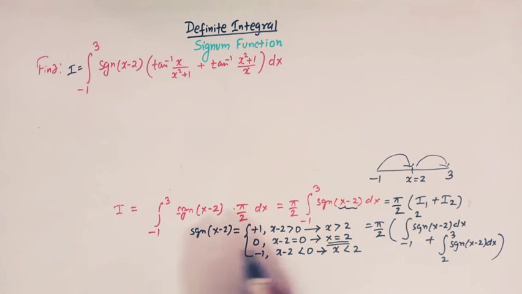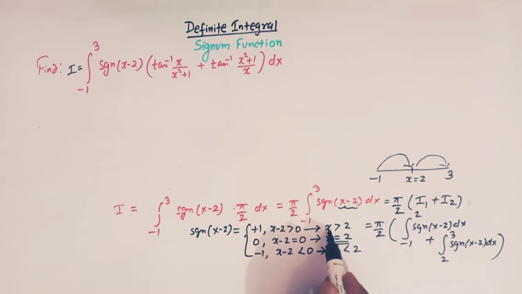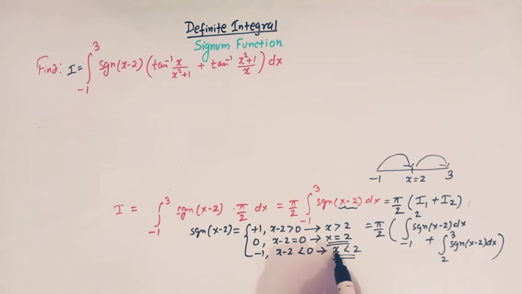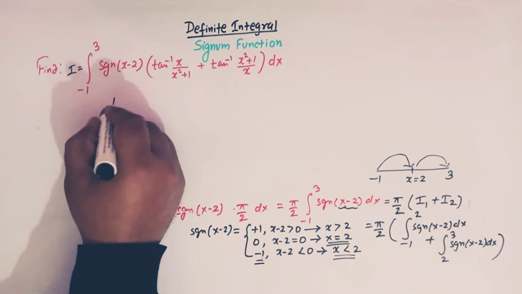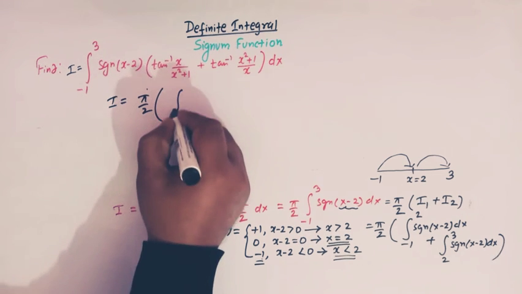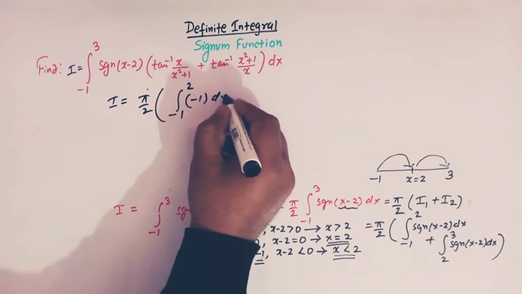Now we have to evaluate these two integrals. We see from this definition that when x lies between -1 and 2, that is when x is less than 2, the value of signum of (x minus 2) is -1. So I is equal to pi over 2 times [the integral from -1 to 2 of -1 dx].